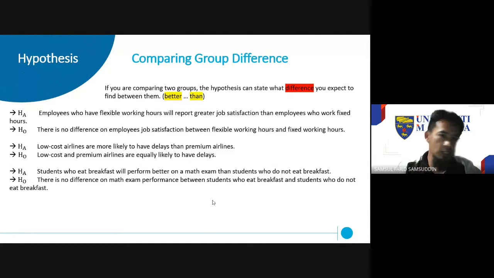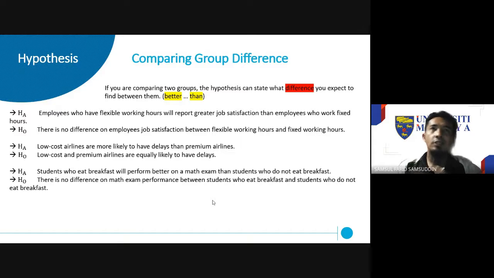And another example for the alternative hypothesis: employees who have flexible working hours will report greater job satisfaction than employees who work fixed hours. So this kind of alternative hypothesis could be found in the findings or conclusions of the previous studies.